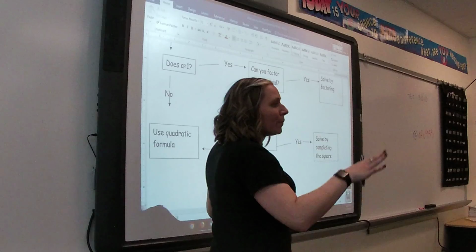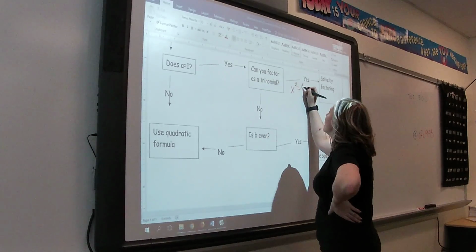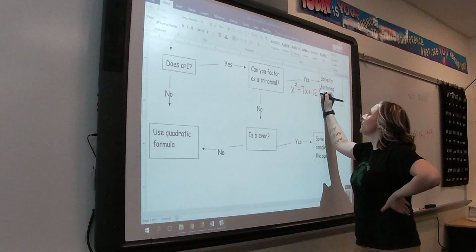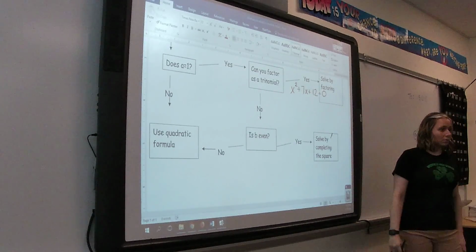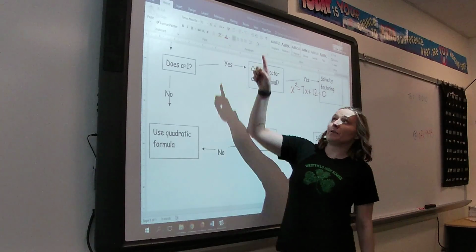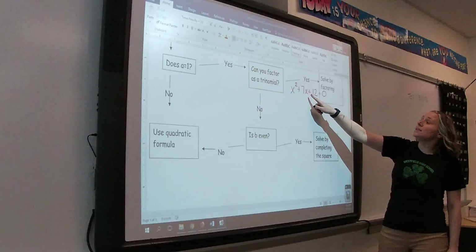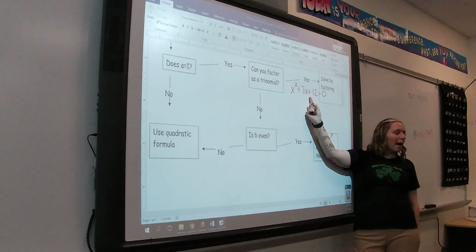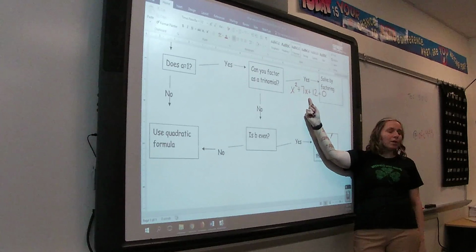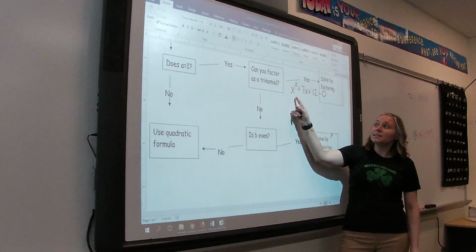But so that we have examples of every category, let's say we were given the problem x squared plus 7x plus 12 equals 0. We're going to start from the very top corner of our chart. Does this have an x to the first power? Yes. Is it a binomial or a trinomial? Trinomial. Does a equal 1? Yes.